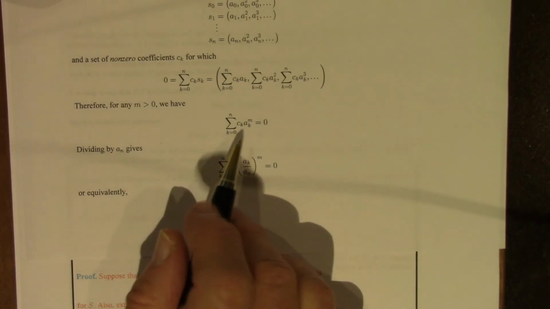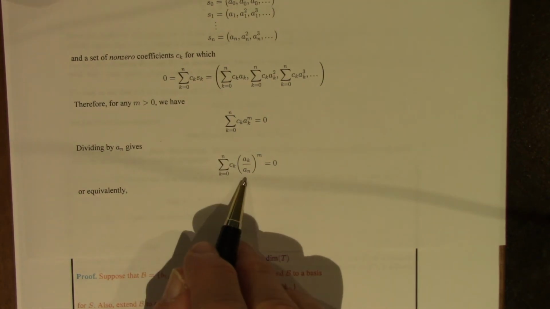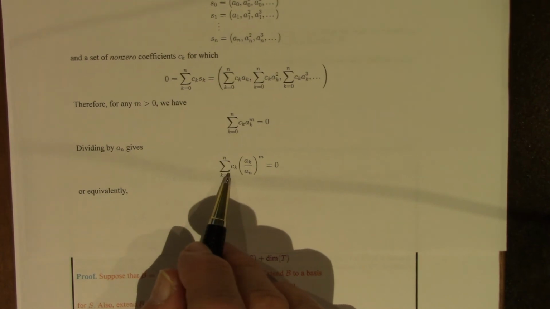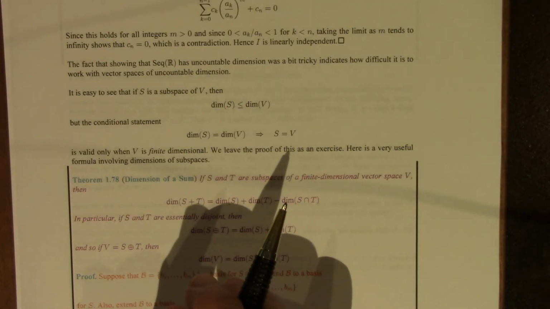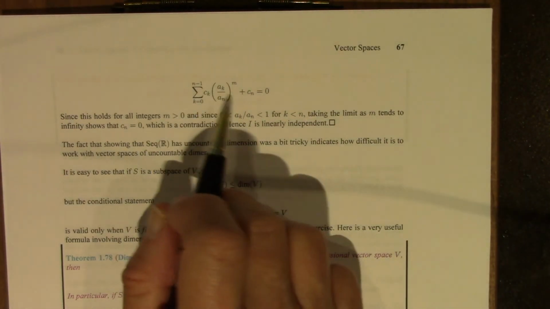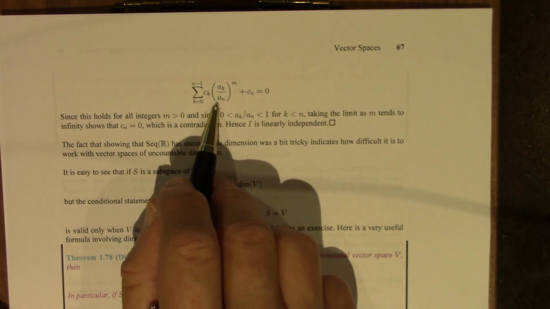Now we divide this by a sub n, which is a positive number. It looks like this. Break out the last term. A sub n over a sub n is just 1, so this is c sub n. These are the other terms.